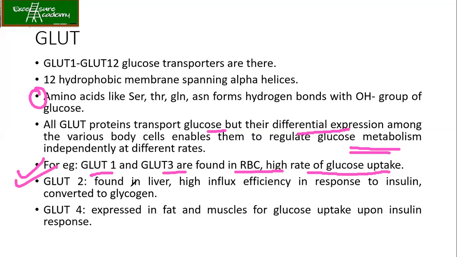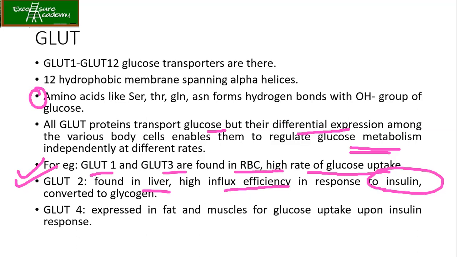Now GLUT2 is found in the liver, so it has high influx efficiency whenever there is an insulin response. When insulin is there, the liver activates the GLUT2 transporter so that it can take up the excess glucose and convert it into glycogen, a storage molecule.